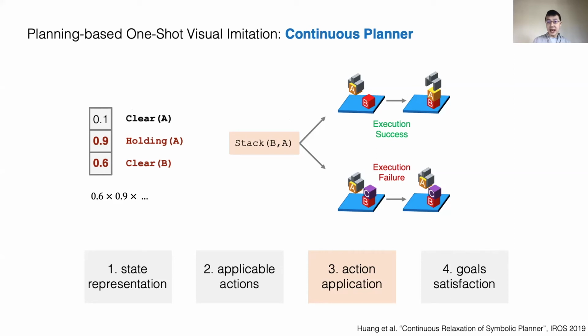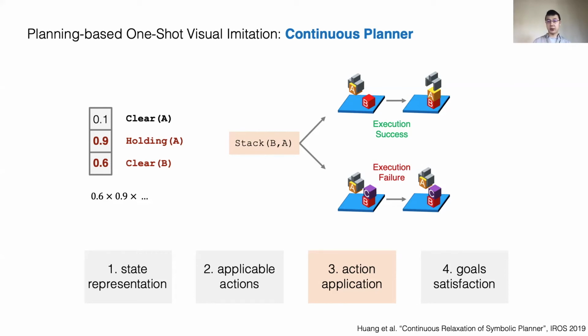And once we select an action, we want to apply it to the score distribution. We derive a propagation rule on how the action application changes the score distribution of all the symbolic states. You can read more details about this in our paper, but just to give you a high-level idea of this approach: based on the current distribution, there's no guarantee whether the actual state satisfies the precondition or not.